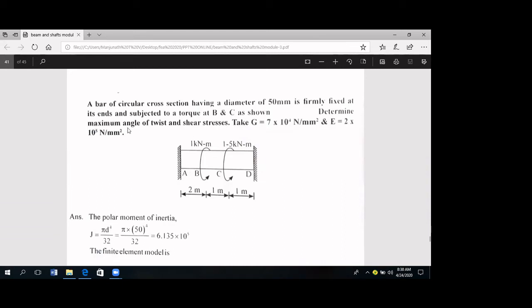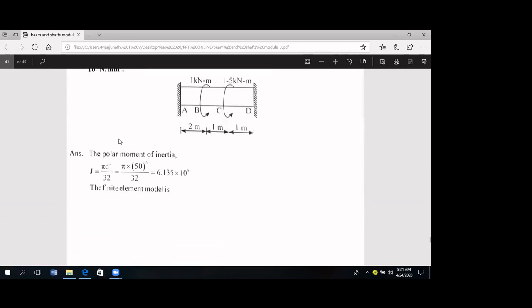Determine the maximum angle of twist and shear stress. The given data: G equals 7 into 10 to the power of 4 Newton per millimeter square, and E equals 2 into 10 to the power of 5 Newton per millimeter square. Now we have the stiffness matrix GJ by L [1 -1; -1 1].